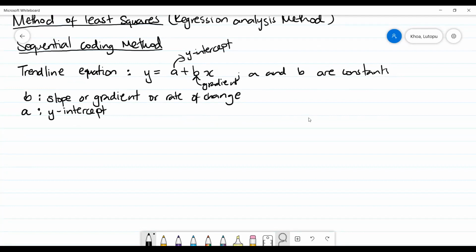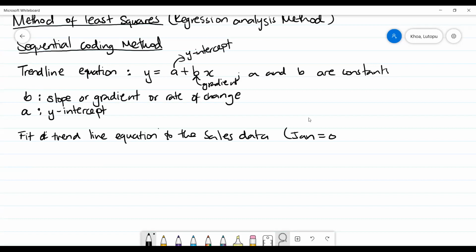The question says, fit a trend line equation to the sales data, with coding January equal to 0. This coding will always be given. You'll be told the first data point, whether it's January or quarter one, and you must equate it to 0.